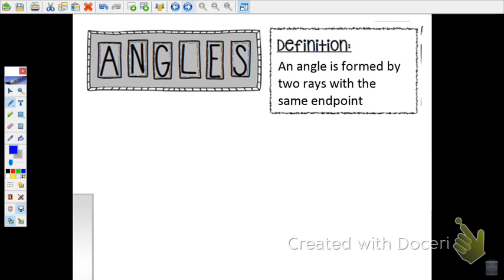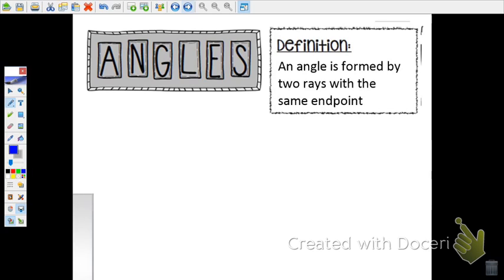So if you open up your angles page in your interactive notebook, you can write in the definition of an angle. By definition, an angle is formed by two rays with the same endpoint.